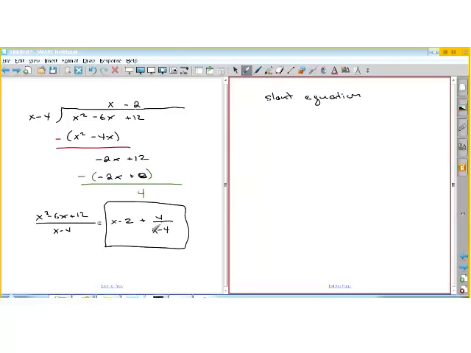This is the remainder. When x goes to infinity or negative infinity, this goes to 0. So the slant equation is y is equal to x minus 2, since when x goes to infinity or negative infinity, the last term goes to 0. And that's what's left over.